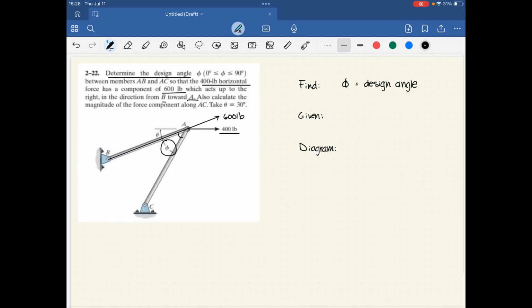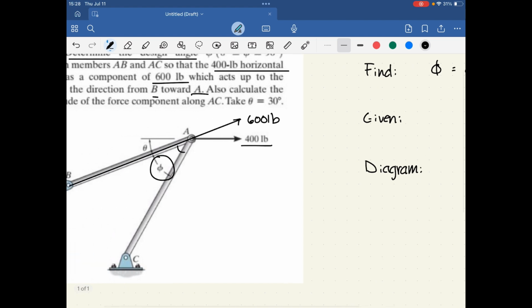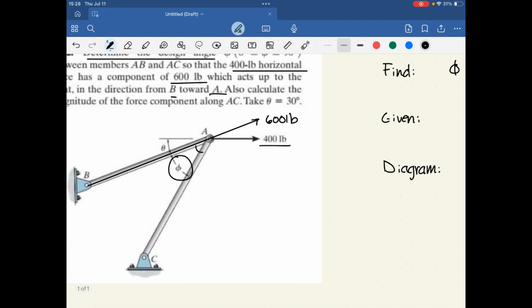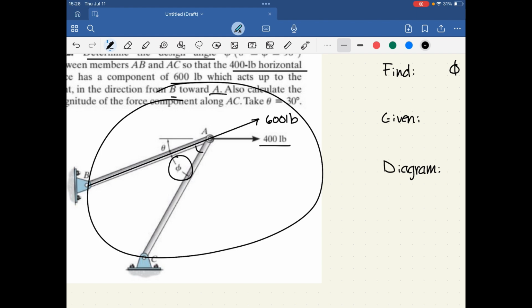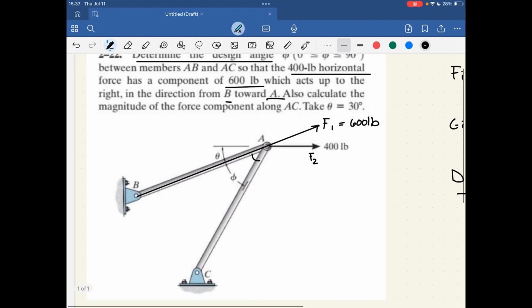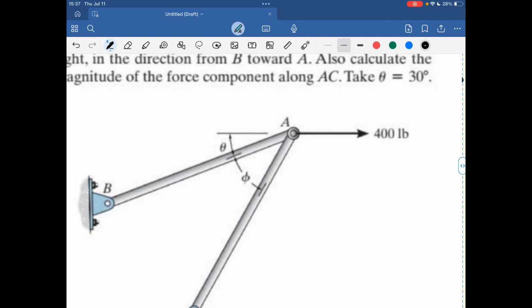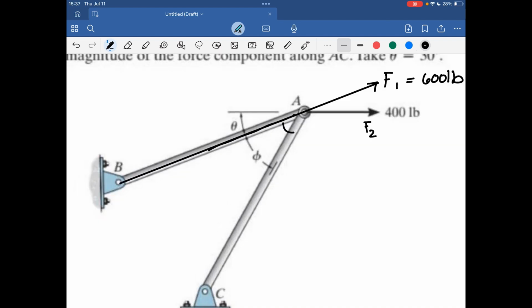The way we can do this is if we draw a diagram, we are able to break this problem from something that looks very complex to something that's a lot simpler. Now, let's use this bar and this bar as representative of the forces we have.